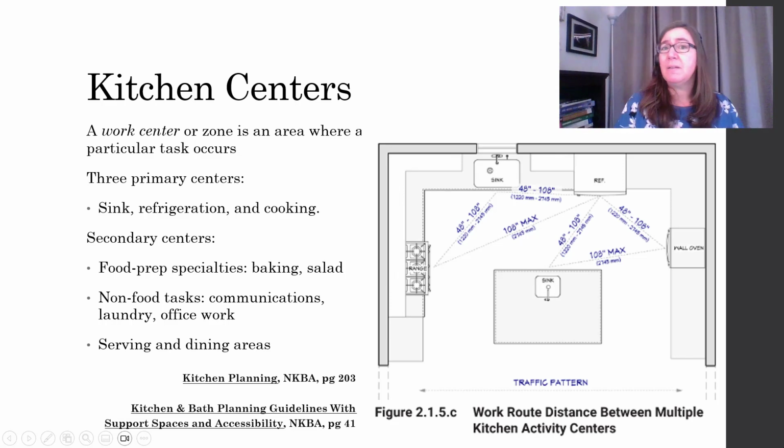These can be related to food prep, for example, a baking center, or they can be non-food related. For example, a communications center might have a telephone and a family calendar. And of course, the ones that we're going to focus on this week are the serving center and the dining center.